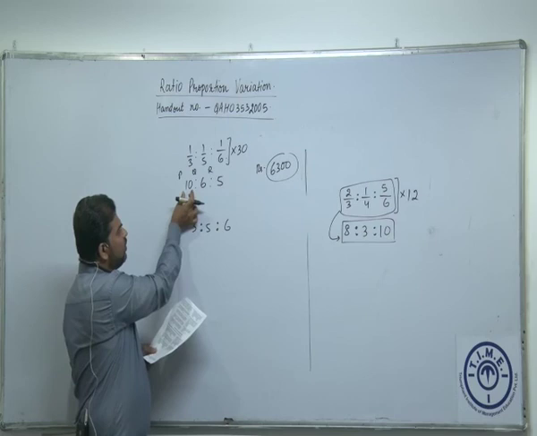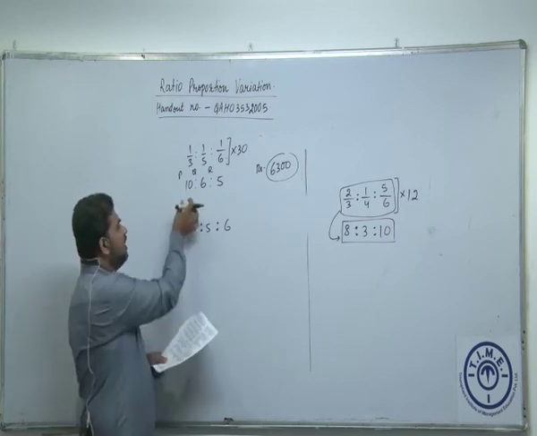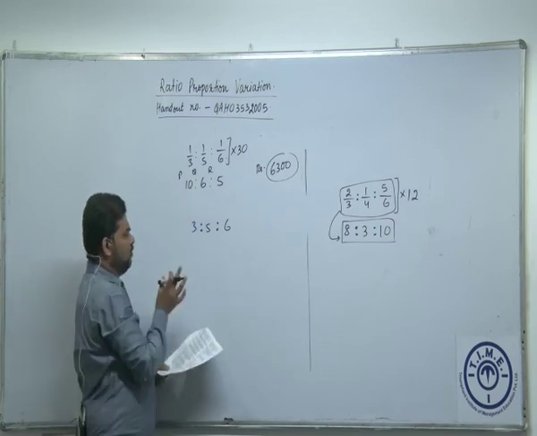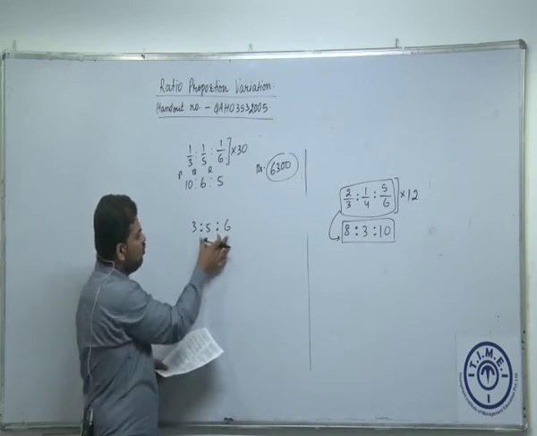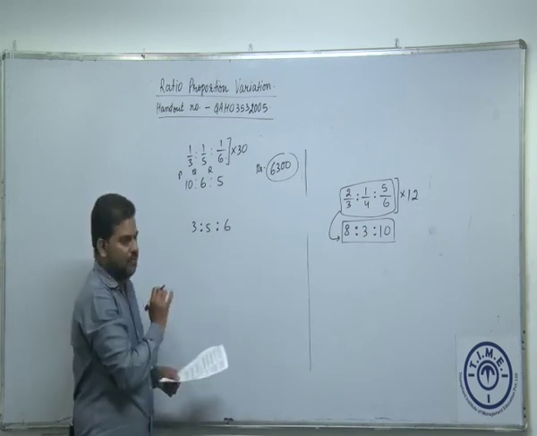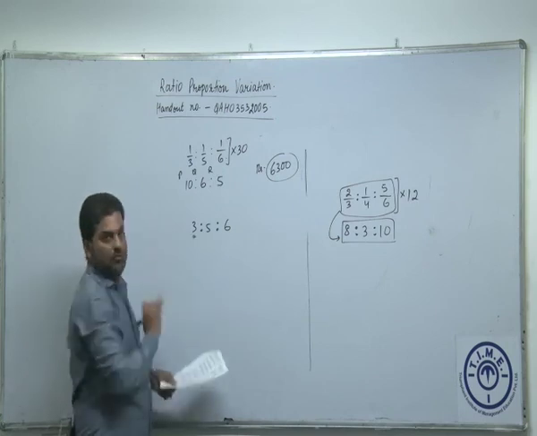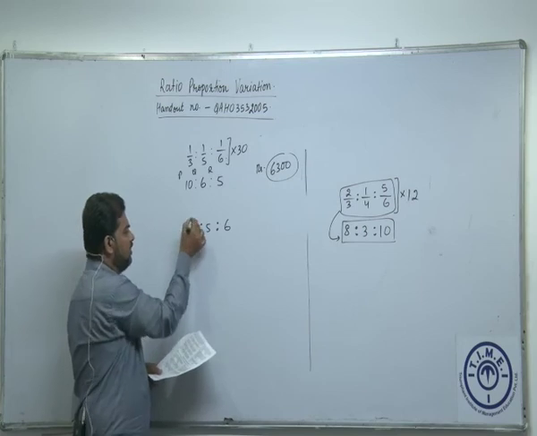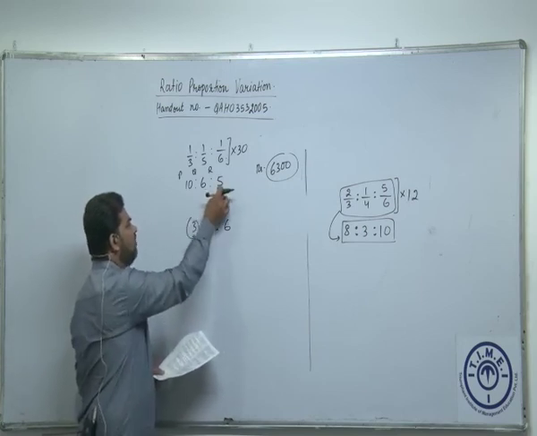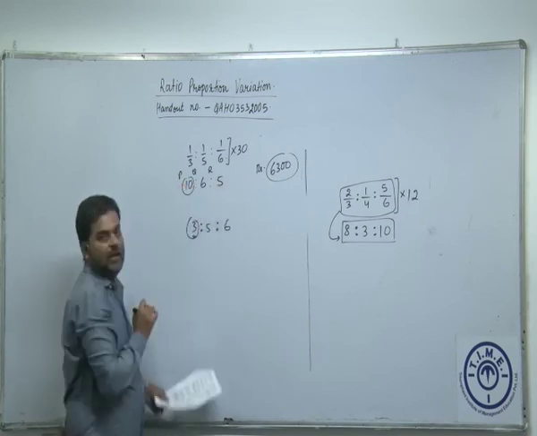Here P is going to get the highest amount. It was intended that P will get the highest amount. But what is the actual sharing? 3:5:6. In this case, what is the least amount anyone will get? It is P again, because out of 3, 5 and 6, the least ratio point is 3. And out of 10, 6 and 5, the highest ratio point is 10.